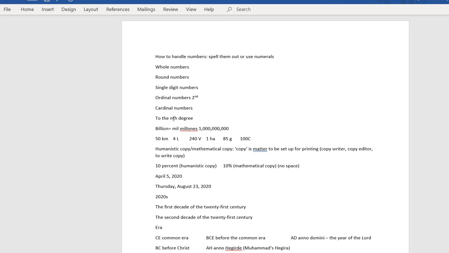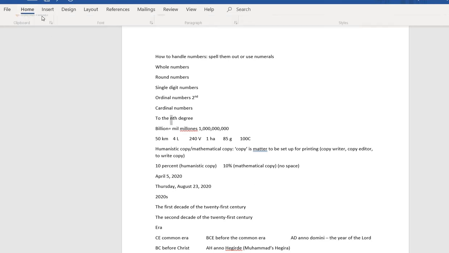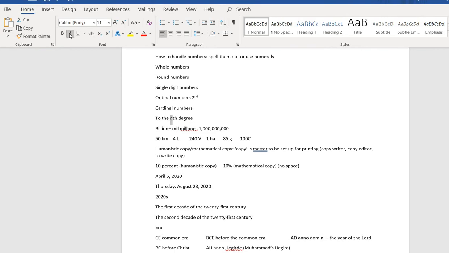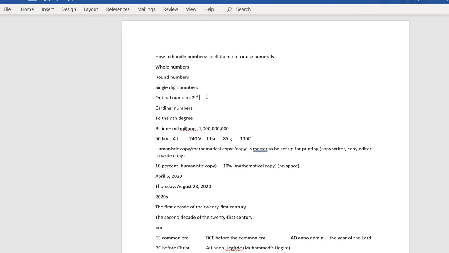To the nth degree, right? In order to show this, we need to use italics for the n, right? To show that this is not a full word, right? So the th is the one for, I don't know, fourth.